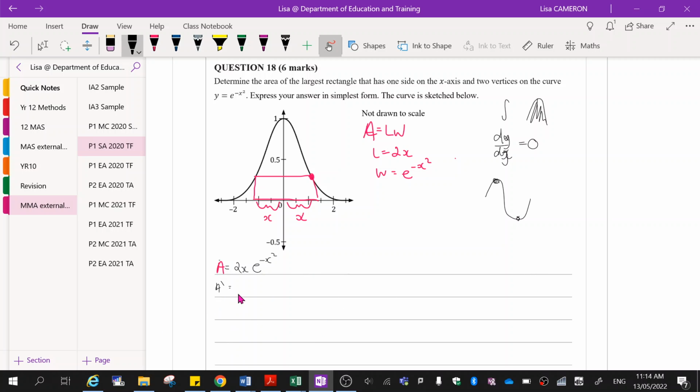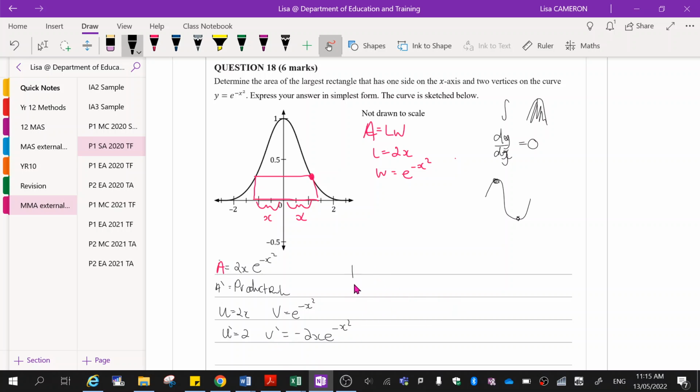Okay, so A dash, we're going to have to derive this, which means we need to use product rule. So we're going to let u equal to 2x, which means u dash is going to be equal to 2. We're going to let v equal e to the minus x squared. And when I take the derivative of this, the derivative of the top will come down, minus 2x, e, and then this doesn't get changed.